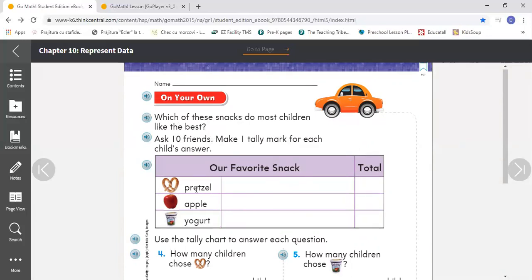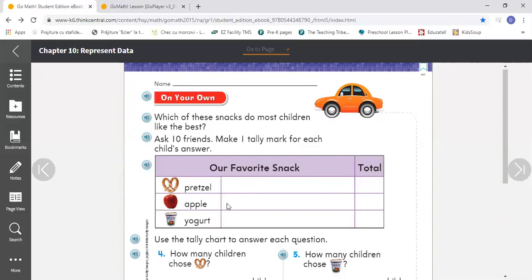How many kids like pretzel? I will say Mohammed, Hamad, and Ali. 3. So I will draw here 3 lines, and I will write 3. How many kids like apples? And I will say 5.